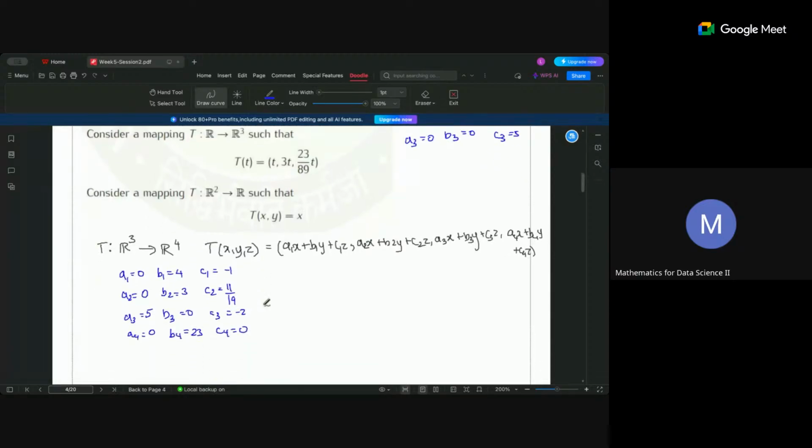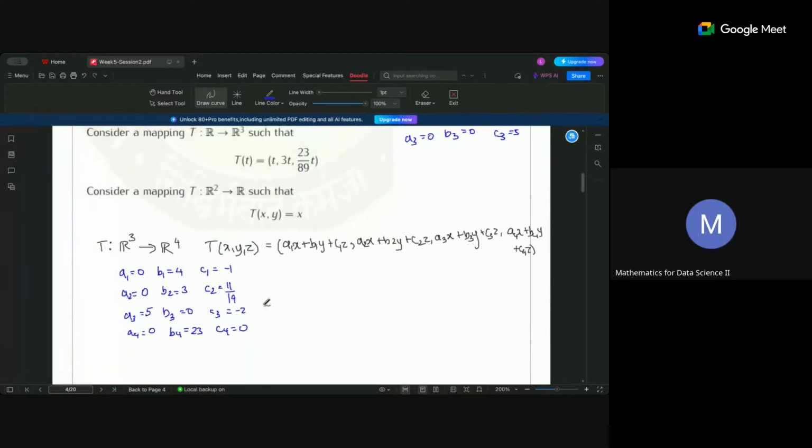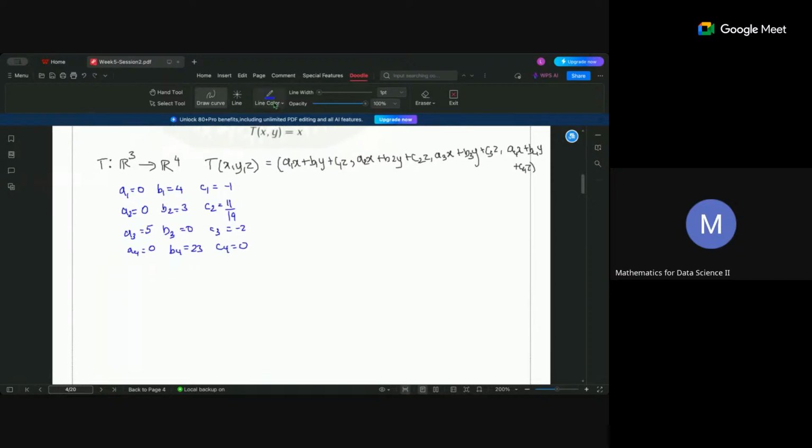We just have two more simple cases. Let us see T from R to R3. If T is from R to R3, what is the format? T of x is equal to A1x, comma, A2x, comma, A3x.